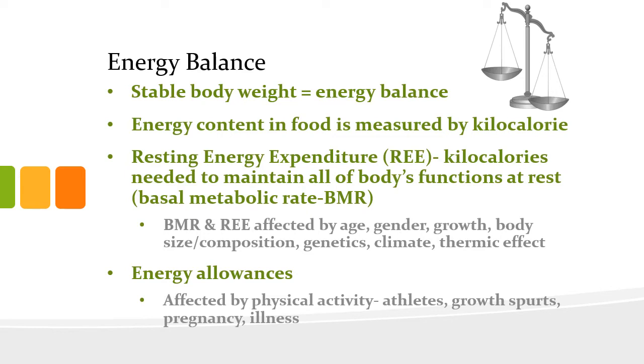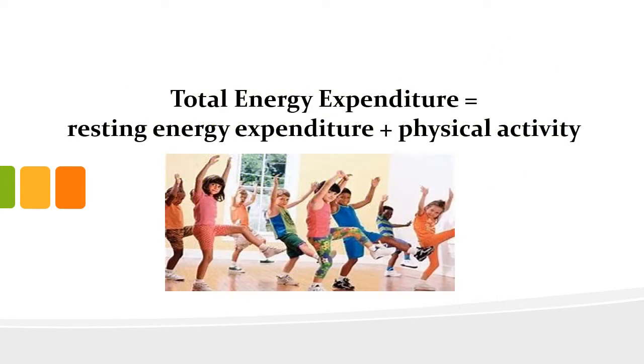Life-sustaining functions for your BMR are things like breathing, circulation, heart rate, and temperature. To put it into another equation, your total energy expenditure is equal to the resting energy expenditure, the REE, plus the amount of physical activity that a person does.